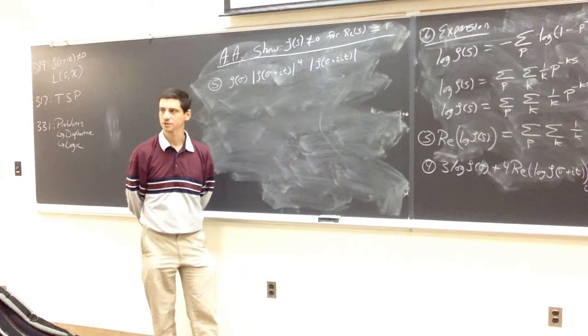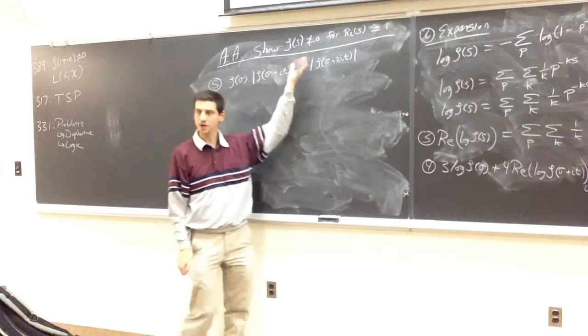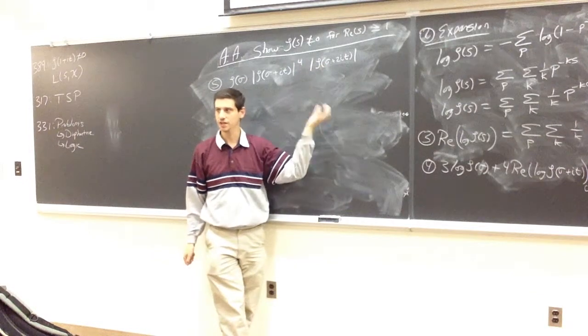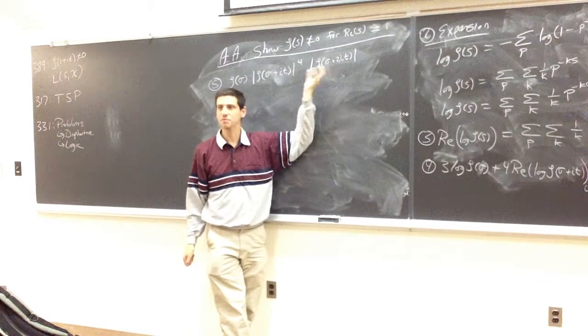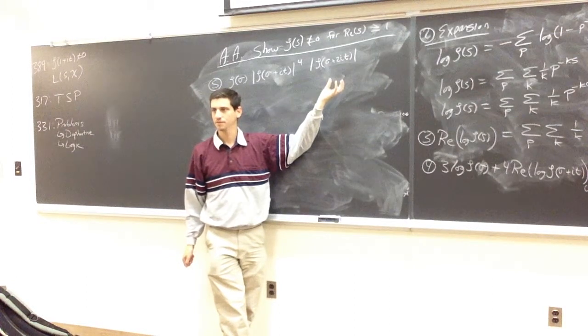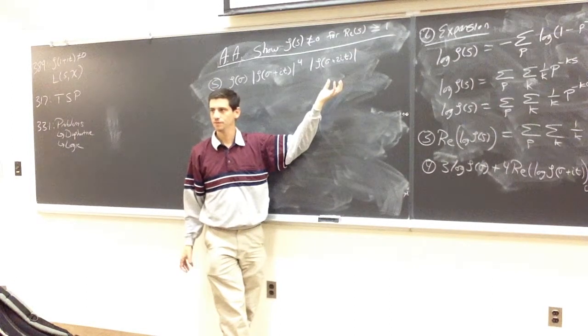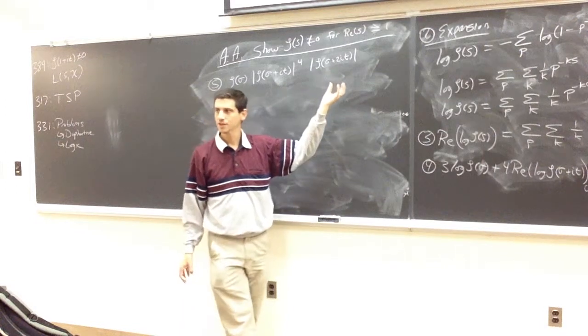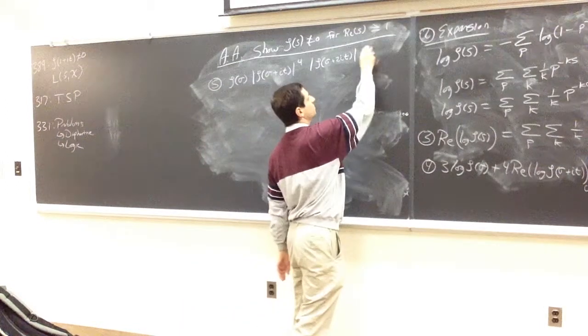What can we say about this? We know the real part of the logarithm of this is non-negative. So what can we say about the magnitude of this quantity? It's greater than or equal to 1.